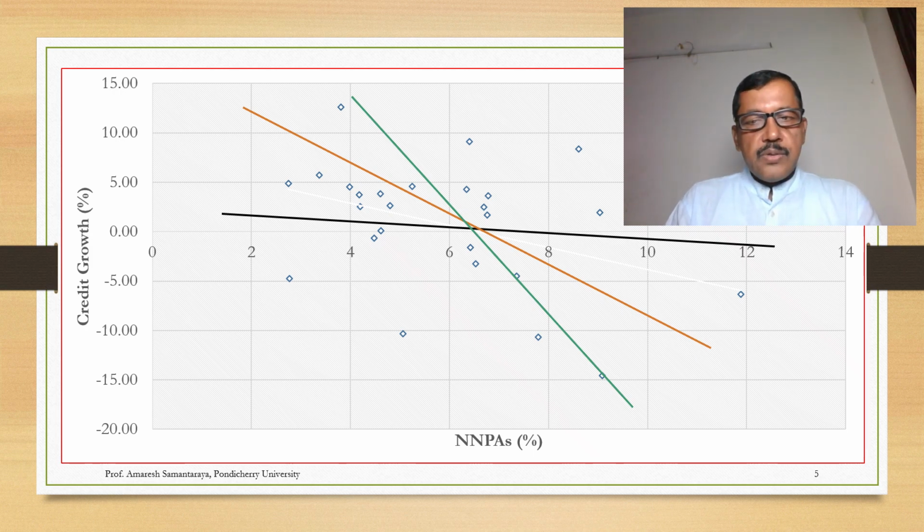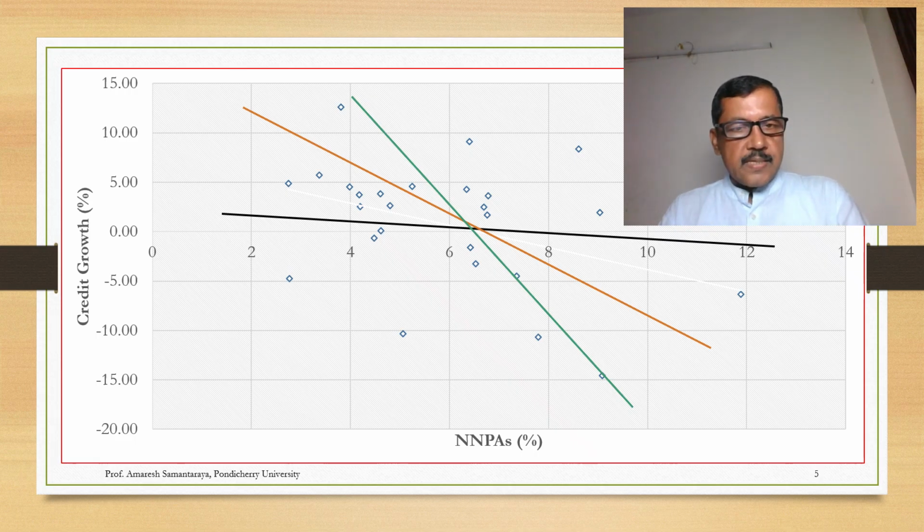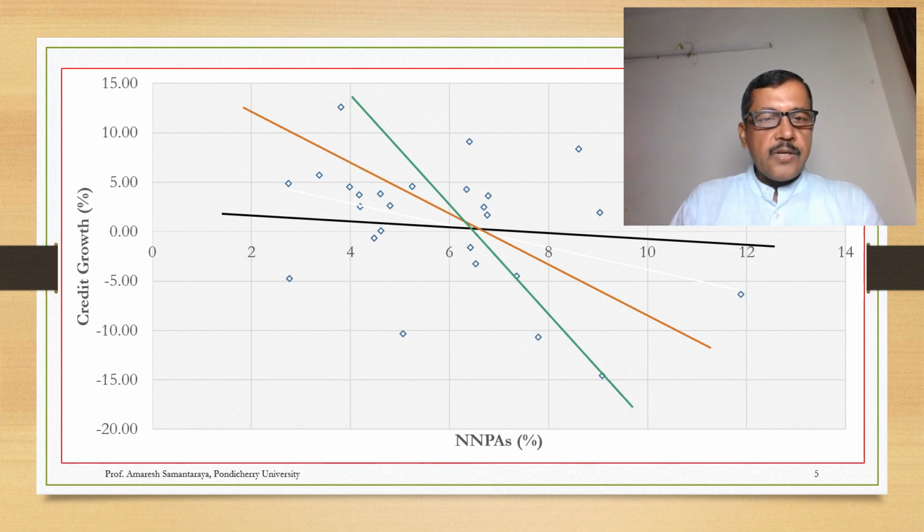Now, based on our subjective observation, if someone is fitting a line like the black line, perhaps he doesn't see any relationship or any significant impact of change in NPA on bank credit growth. As you can see, although bank credit growth ranges broadly from 2% to 12%, there is not much change in the credit growth if I am fitting a line like the black line to explain the relationship between bank NPAs and bank credit growth.